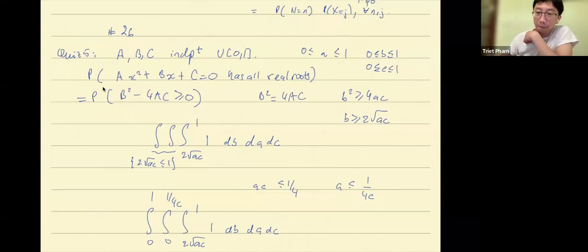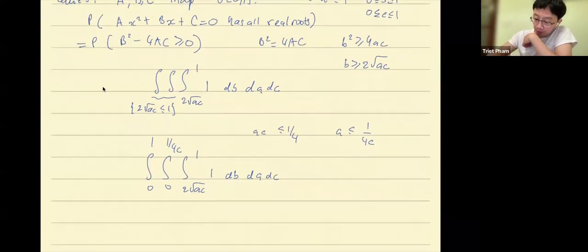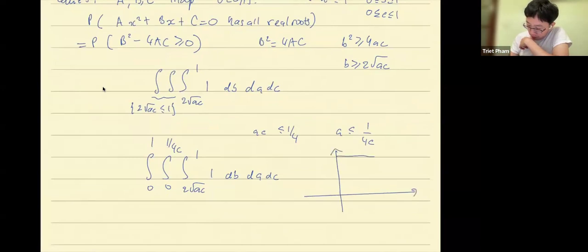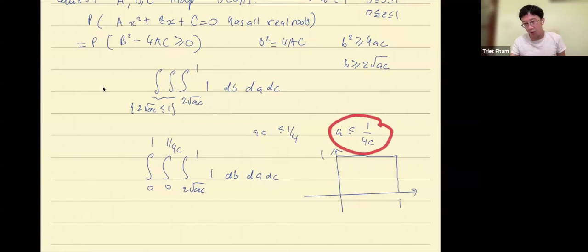It's still not right. Why? Well, you have to really look at the 2D region of A and C to see what happens. So it's between 0 and 1. And A equals 1/4C is a hyperbola, that looks like this.